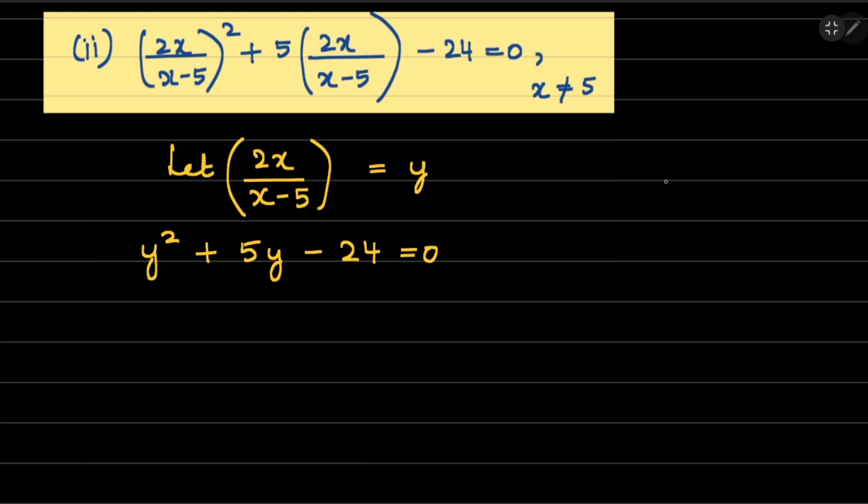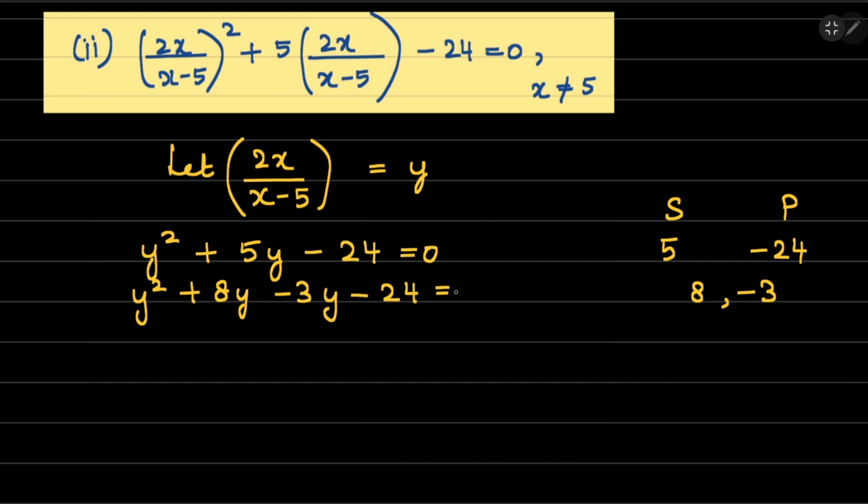Using the middle term splitting, sum and the product. What is the sum? Plus 5. Product is minus 24. So we know 8 threes are 24, and if you put a negative sign to the smaller number, the sum will be positive. Right? So you have y square plus 8y minus 3y minus 24 equal to 0. Take y common out, y plus 8.